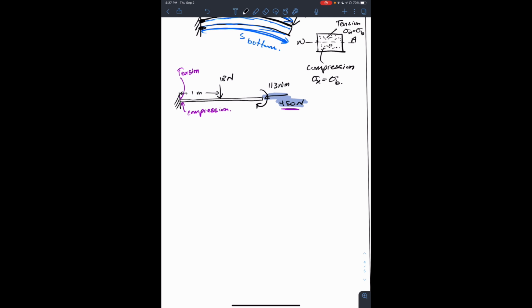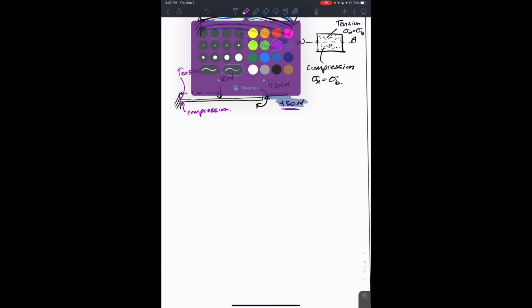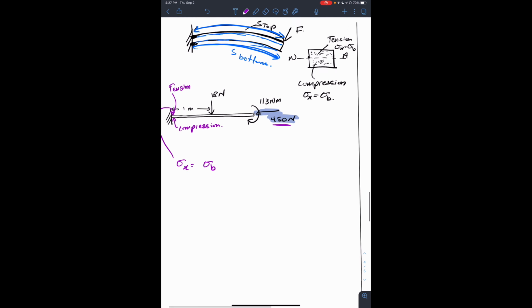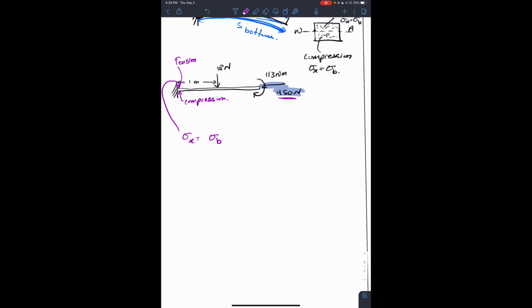So our bending stress on top, sigma, will be sigma bending minus 450 over area, because remember, compressive stress is force over area.